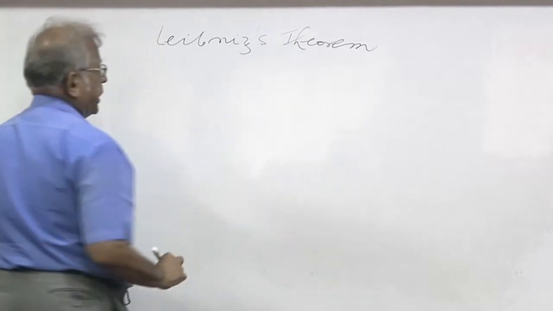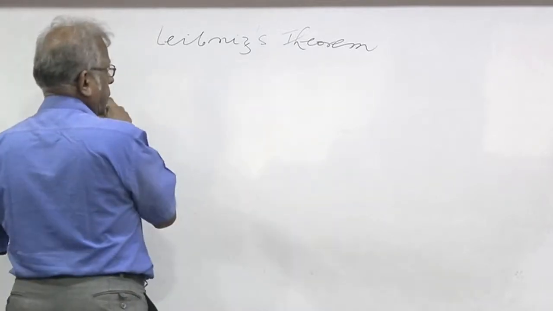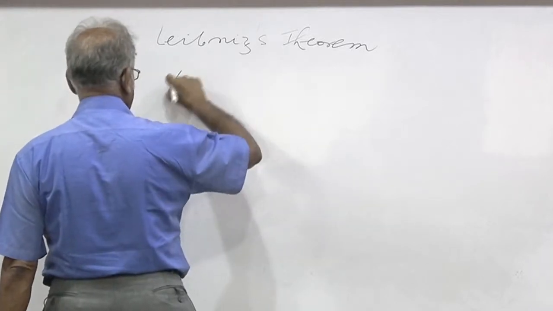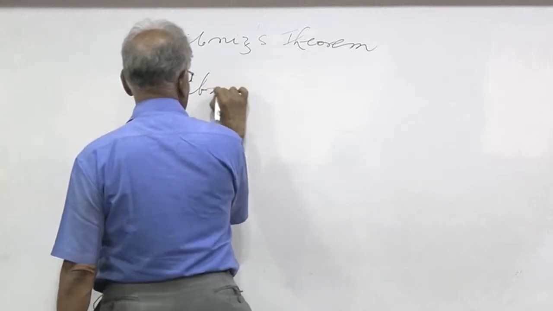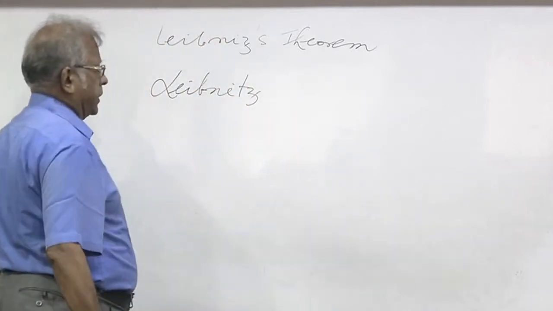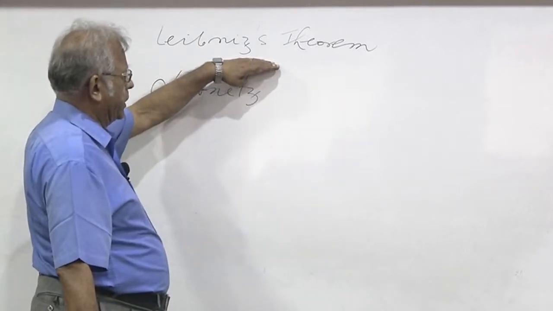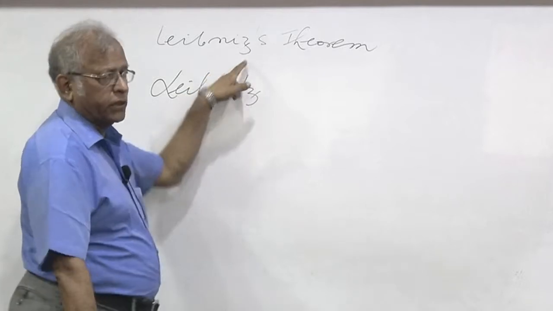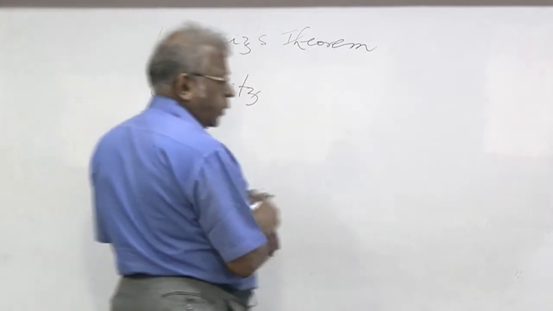I keep on mentioning that when the Germans write, they don't use a T, but all others spell Leibniz like this. That is how the whole world spells Leibniz, but the Germans spell it like this, and this, of course, is the correct way.